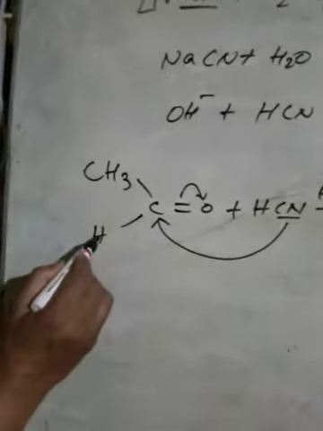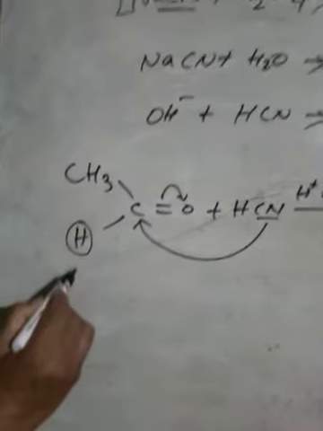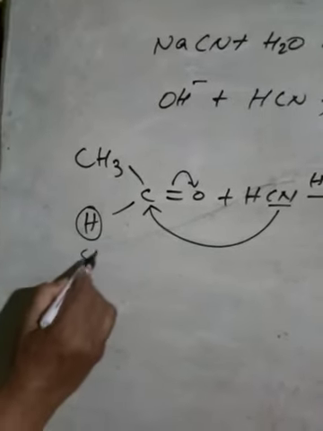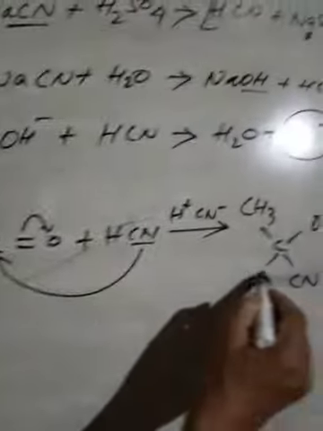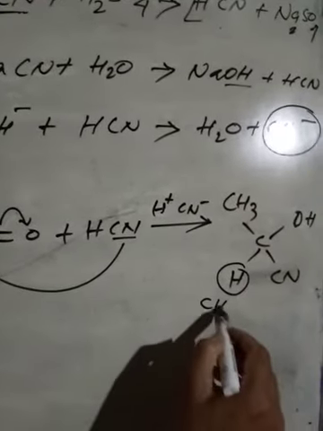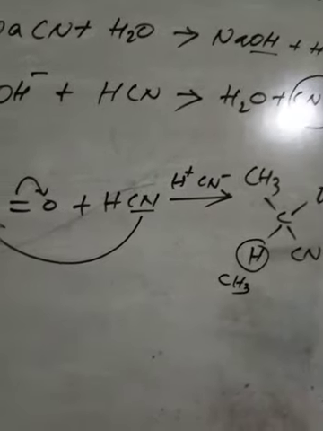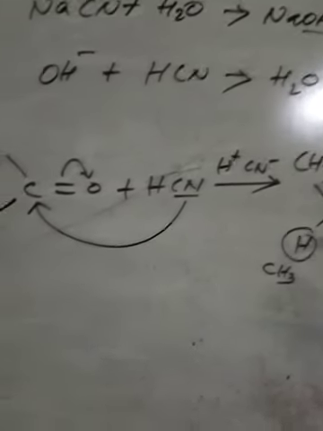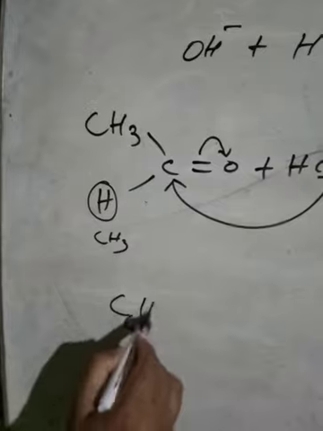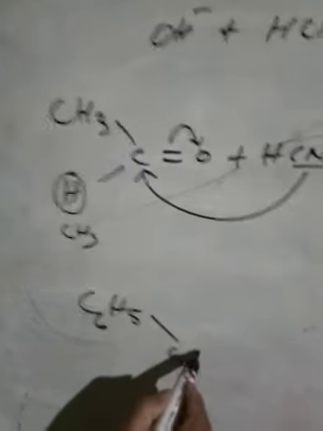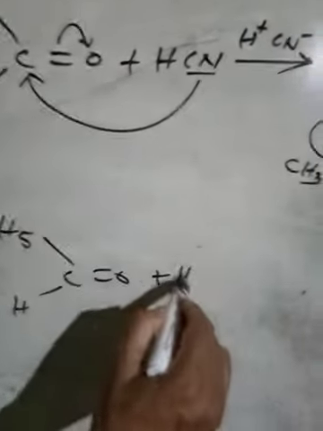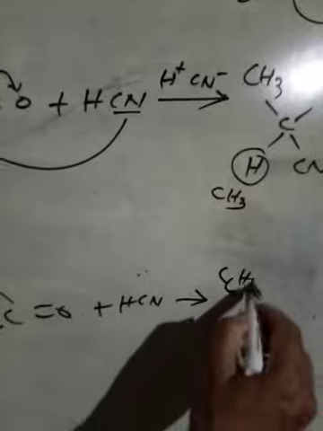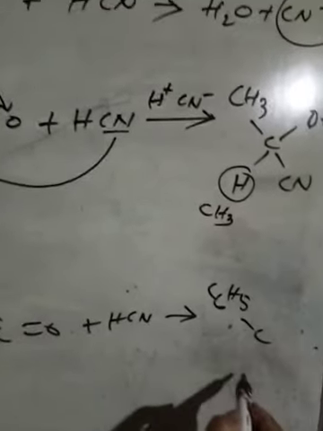Here, in place of hydrogen, if you take CH3, then it will be ketone, and here also it will be ketone. If you take an aromatic aldehyde or aromatic ketone and HCN, then also you will get cyanohydrin.